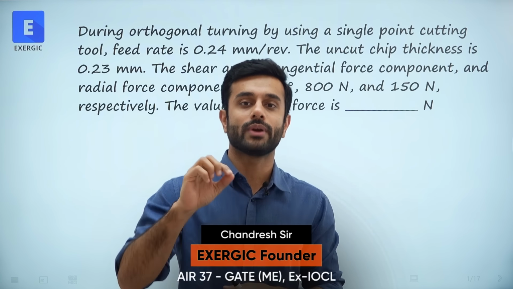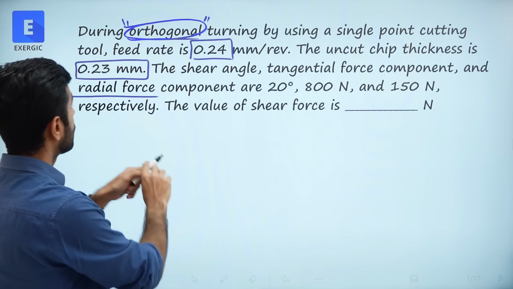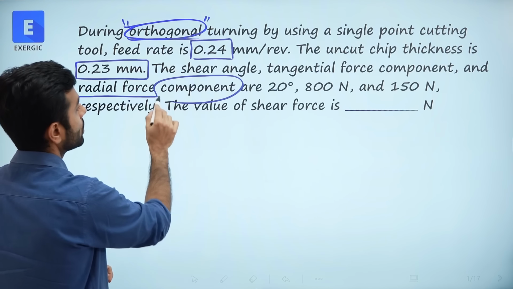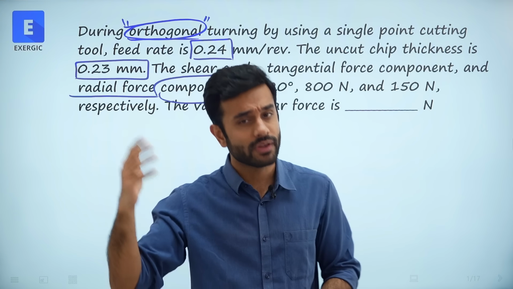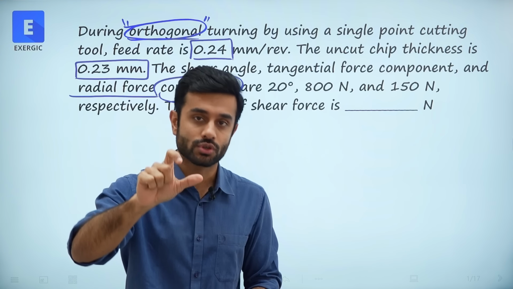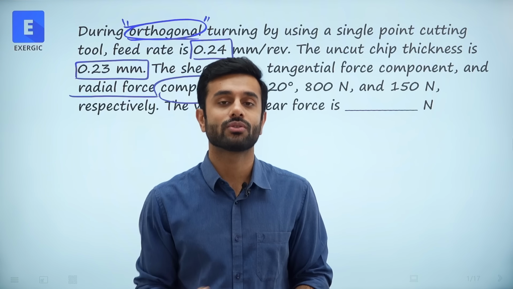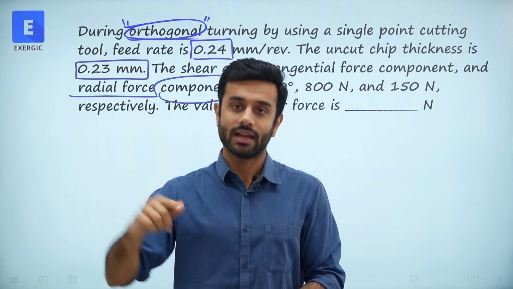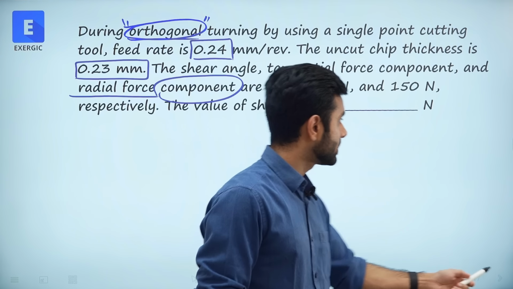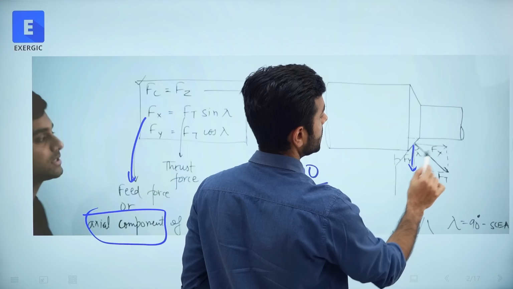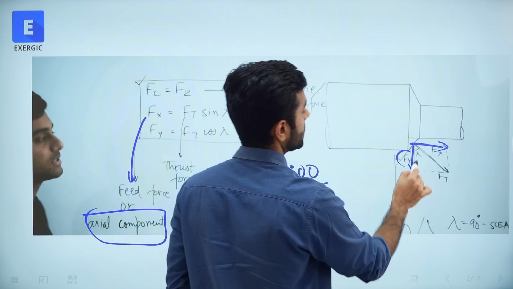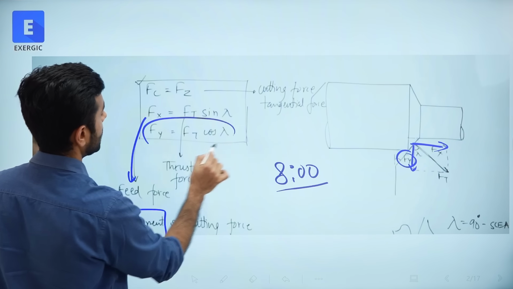Exactly at around 8 minutes in this lecture, I have specifically mentioned that in such questions you have to pay attention to what component has been given to you, because there are such PYQs in fact where axial force components were given, right? So specifically I have mentioned that, and in this question, rather than giving the axial component Fx, they give the radial component Fy.